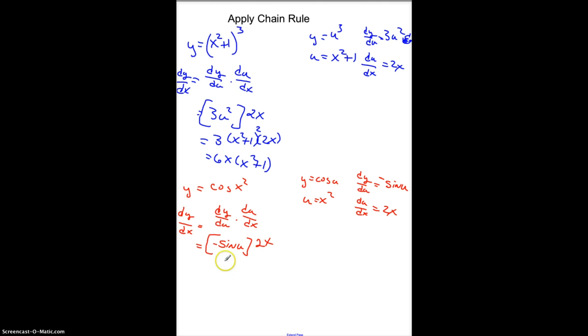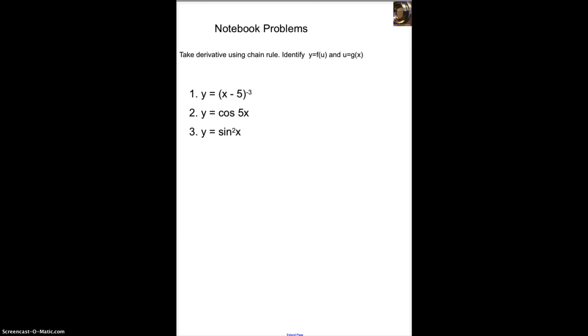Plugging my u's back in, and I want to bring this forward. This is 2x negative sine of x squared. Okay, your turn. Turn off the video and do the notebook problems. Turn it back on and we'll finish up.